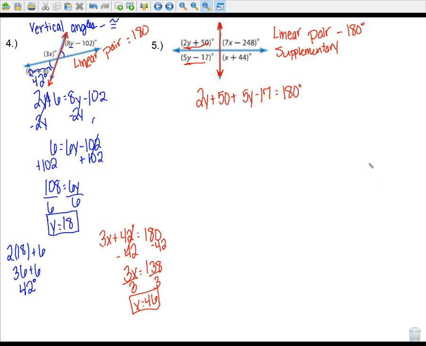Okay? Now, from here on out, we are combining like terms. So we got 2y, we got 5y, we've got 50, we've got negative 17. So 2y and 5y, that's going to be 7y. 50 and negative 17 should be a positive 33. And that is equal to 180.